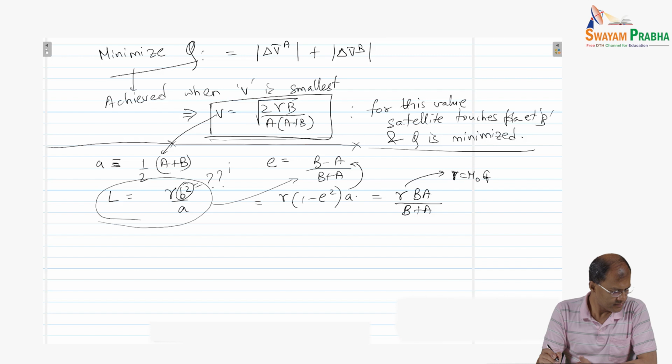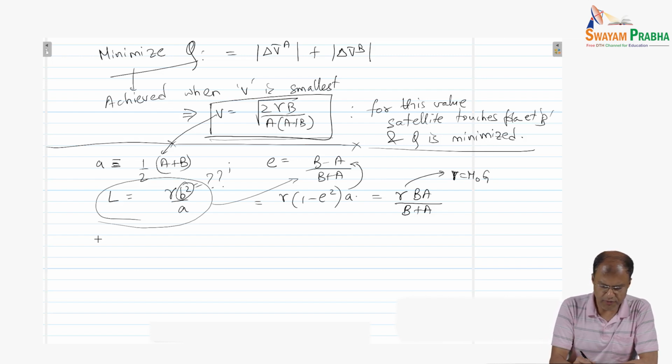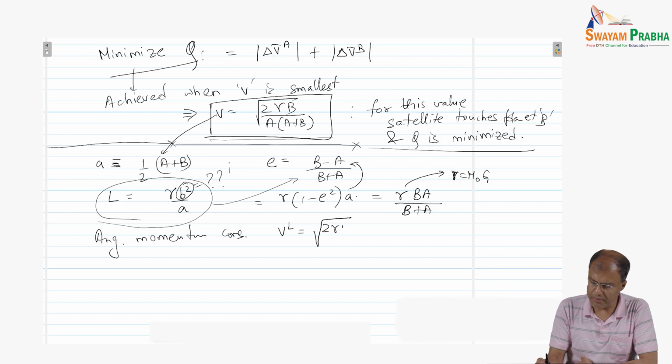Okay. So then what we have here is, from angular momentum conservation, that VL is square root of 2 gamma B by A times (A plus B), and VR is square root of 2 gamma A by B times (A plus B), right?